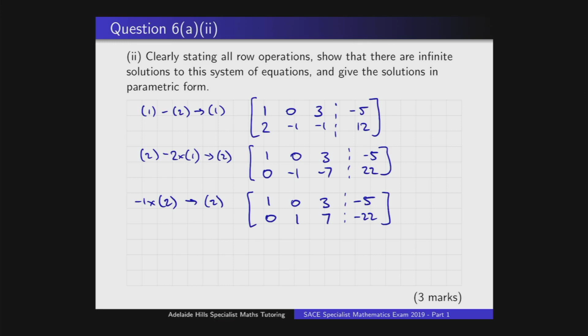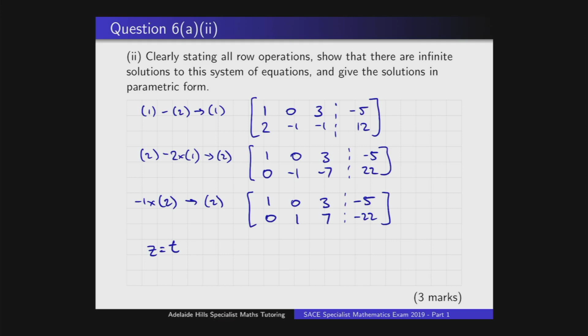We've got 2 rows and 3 unknowns, so we're always going to have an infinite number of solutions, or no solutions at all. In this case, there's going to be an infinite number of solutions, and what we can do is set our parameter z to be equal to our parametric variable t, because we don't have a formula that tells us what z is equal to as a single coefficient 1 type entry.